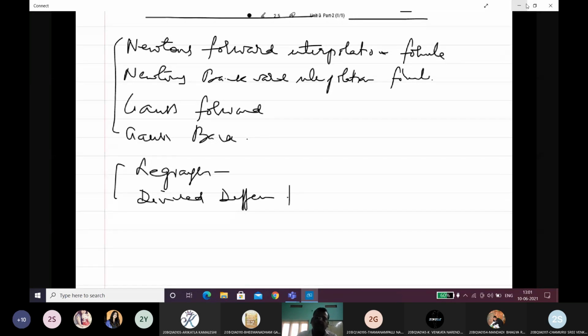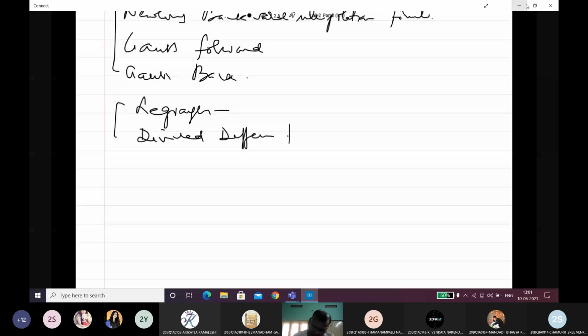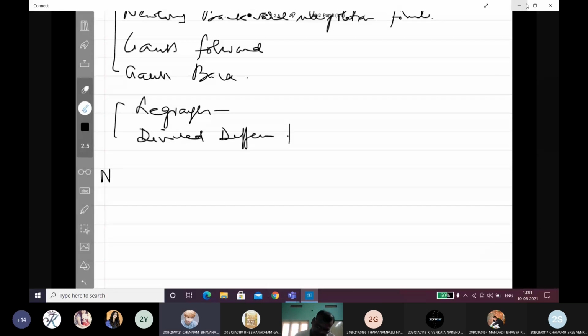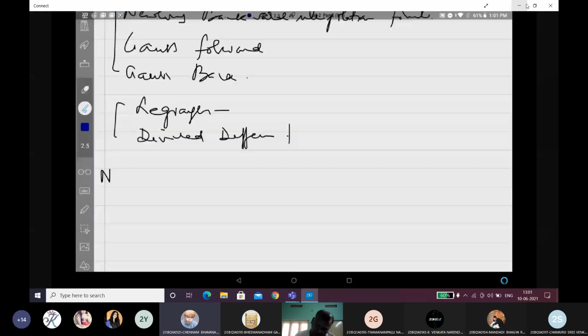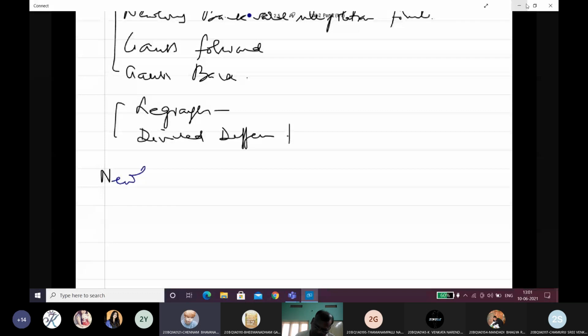Now, first we move into Newton's forward interpolation formula, or Newton's Gregory's interpolation formula. Newton's forward interpolation formula.